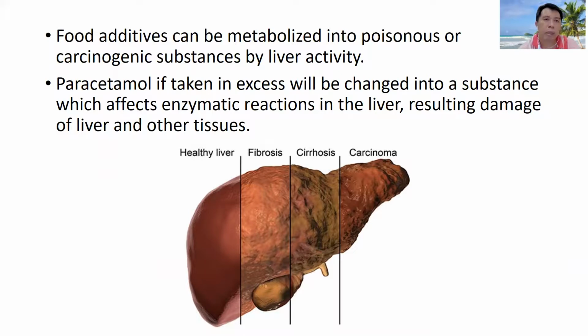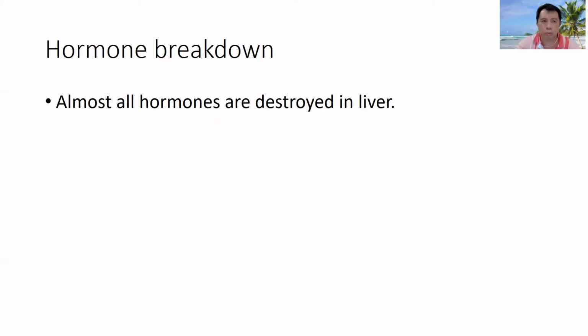Food additives can be metabolized into poisonous or carcinogenic substances by liver activities. Paracetamol, if taken in excess, will be changed into a substance which affects the enzymatic reactions in the liver, resulting in damage to the liver and other tissues.